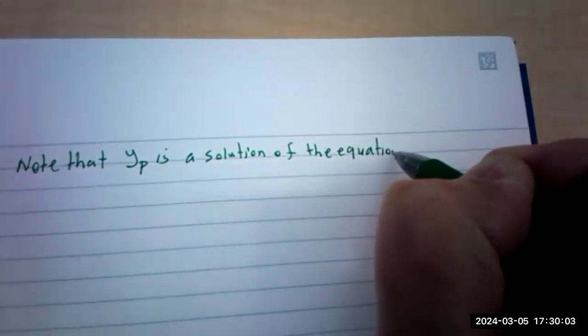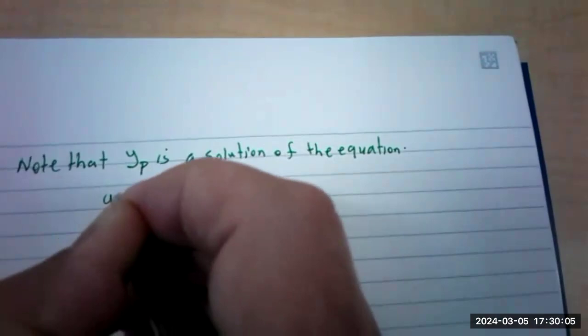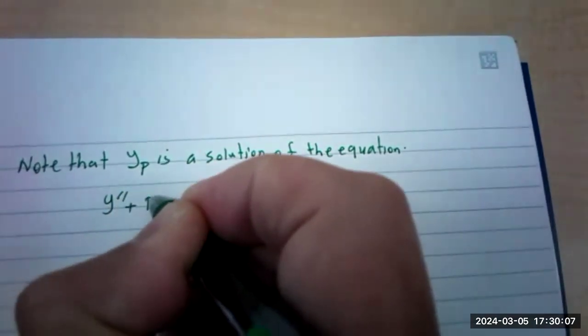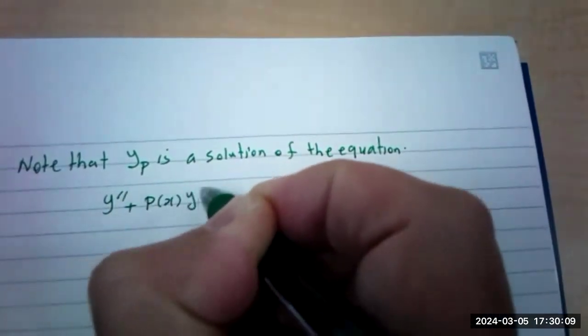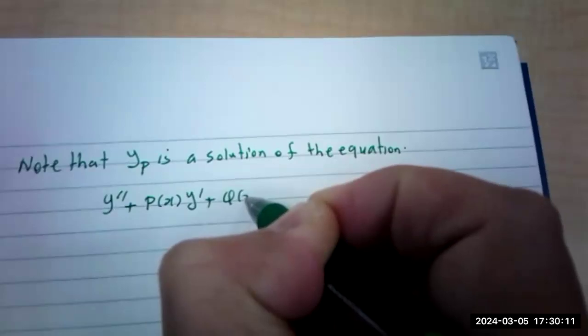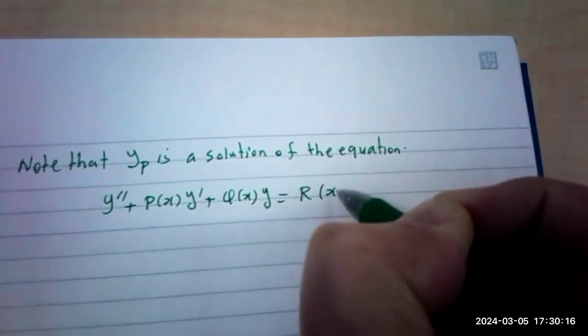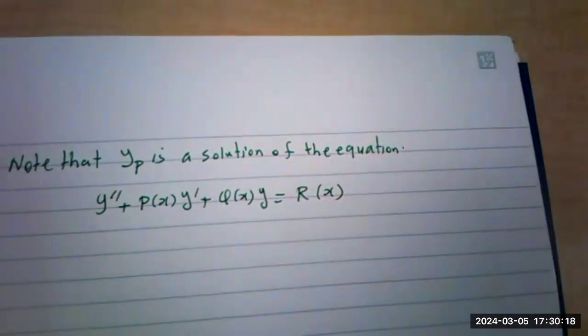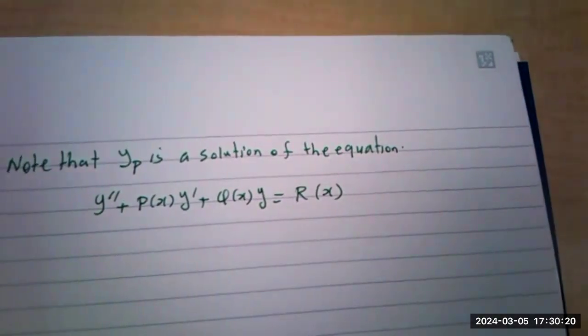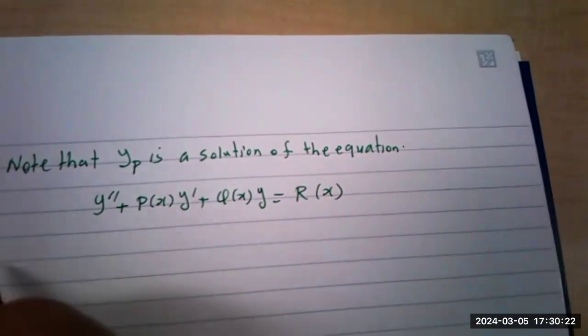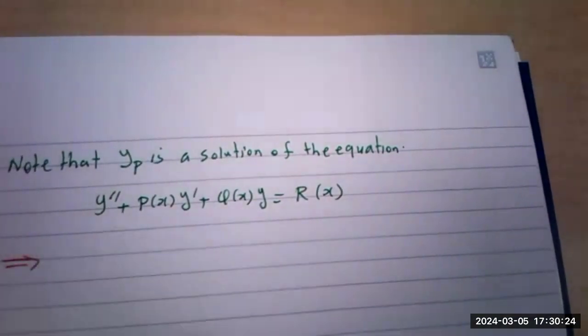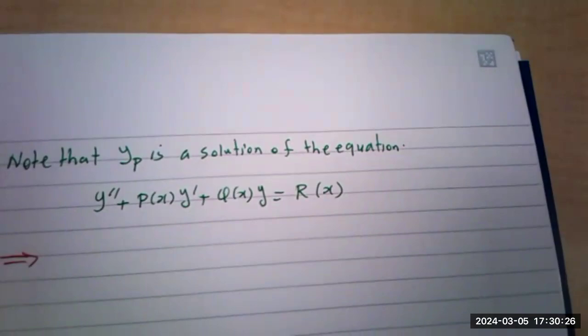Just to remind you, what is the equation? Equation number 1: y double prime plus p(x) y prime plus q(x) y equals r(x). This is equation number 1. Remember. Now substitute. It should satisfy the equation.